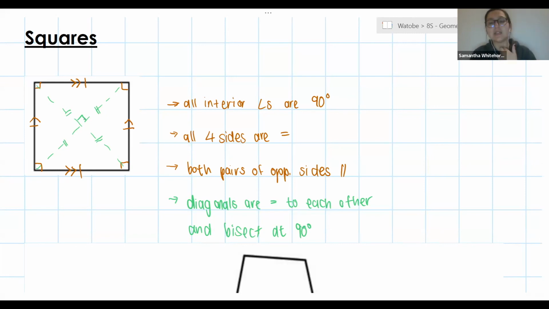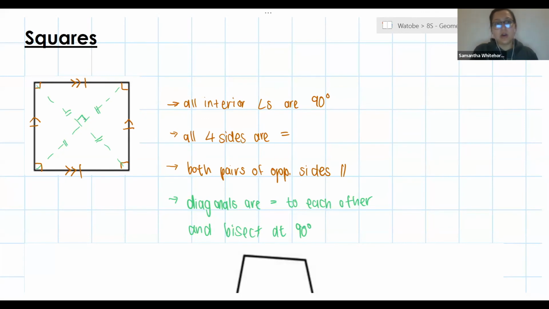The fact that the diagonals bisect at 90 degrees is similar to a rhombus. So we can see how all of these characteristics are linked to each other, and they all have these relationships. This is because all of these quads are related in like a family tree sort of thing, and so we have very similar characteristics sometimes.